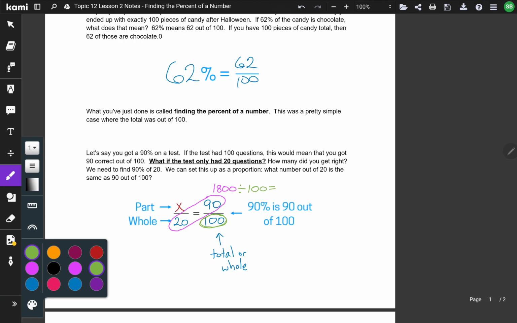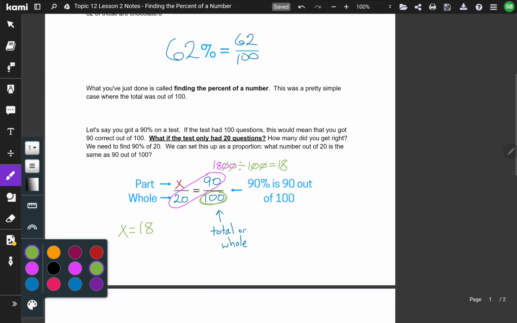Again, calculator if you need to, or if you know the division trick of dividing by 100, I can cross out my zeros, and it leaves me with 18. So x equals 18, or in this case, I got 18 questions correct out of 20.